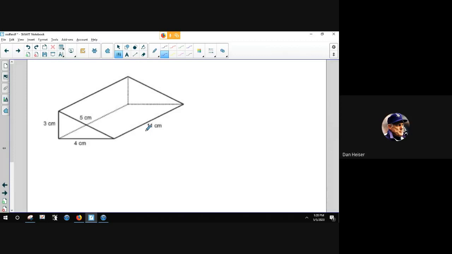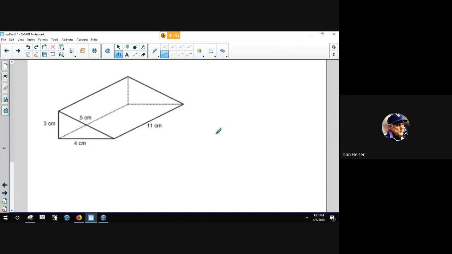Well, prisms have what are called base area and lateral area. Base area, obviously the area of the bases. Lateral area is all the area in between, so all the area of the walls. Again, if we think of this as a room, lateral areas would be the walls. So each of these lateral faces, each of these parallelograms, would be lateral area.